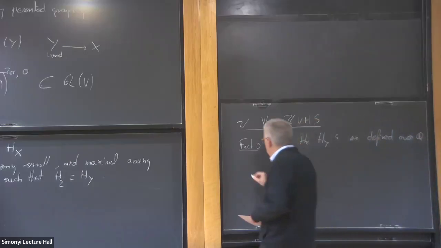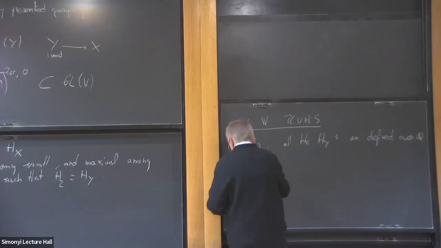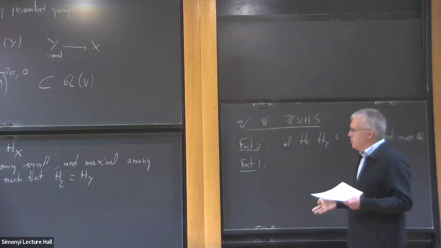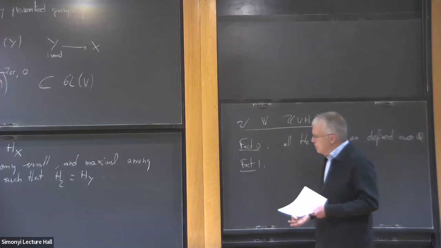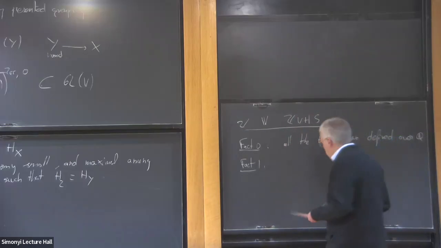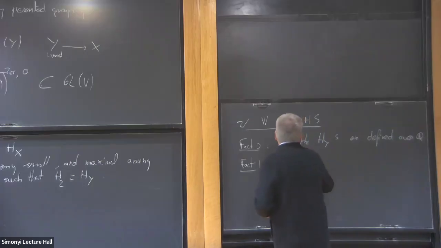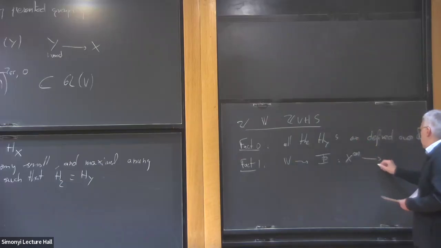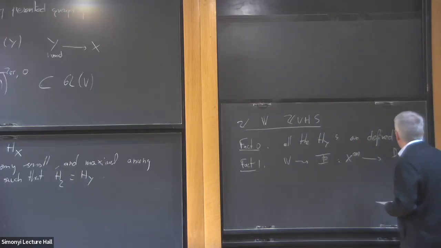So it injects some countability into the picture. Fact one is that, of course, a ZVHS is in some sense a much more geometric object than a general local system, because you have a period map and you can analyze everything using the period map. So out of V, you get the period map from X to some period domain associated to the monodromy group H_X.